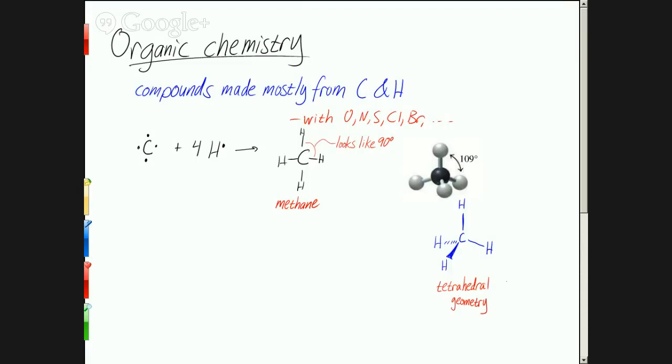A tetrahedron is a shape with 4 equal sides and equal angles. So it's like a pyramid, but not with a square bottom, with a triangular bottom. So everything's a triangle. That's called a tetrahedron. And so this is that shape if the carbon were right in the middle of that tetrahedron and the hydrogens were at all the points.